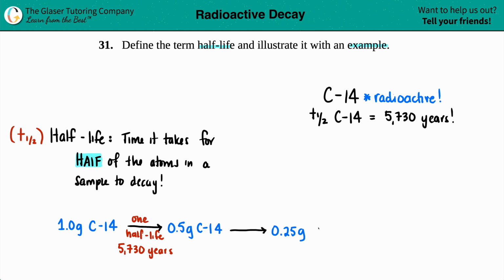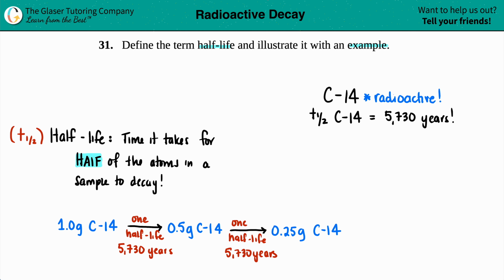And it builds on itself. It's not going to take 5,730 years times 2 for this 1 gram sample to be completely wiped out. It's going to take a long time, because you take this and divide by 2, then take that number and divide by 2, and stuff usually doesn't go away that quickly. So another half-life has to come along: 5,730 years to go from 0.5 grams to 0.25 grams, because that's half of what you had.